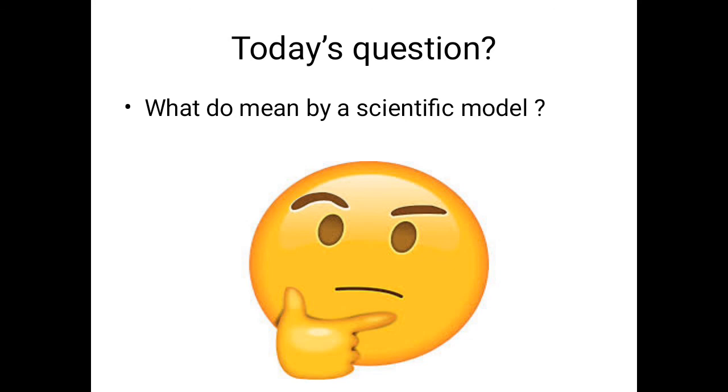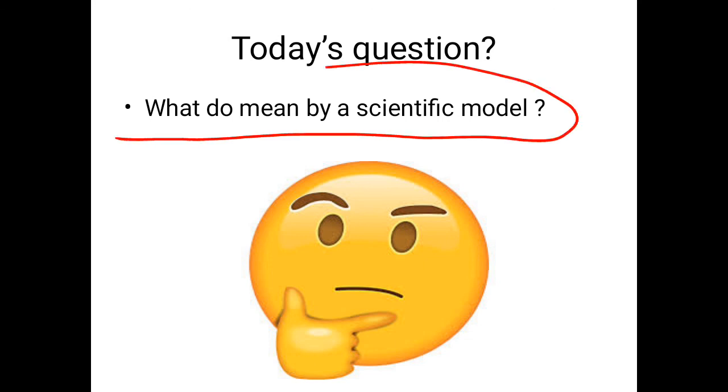You can find this answer from your textbook or from the internet and get to know why a model is accepted and why a model is rejected. So you have to go through the topic very well from the textbook and then write your answer to this question: what do you mean by a scientific model?